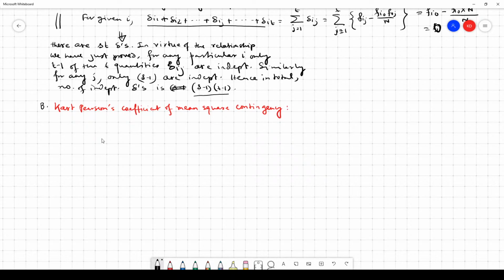And we denote this by capital C and define it as root over chi square by N plus chi square.